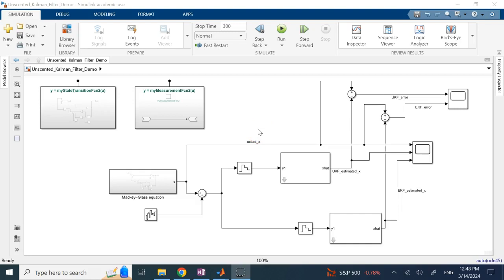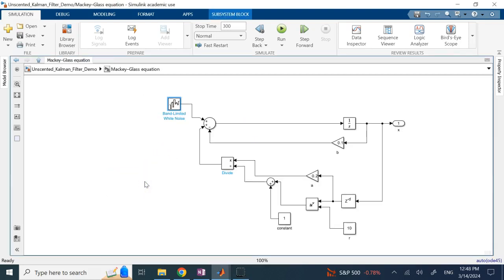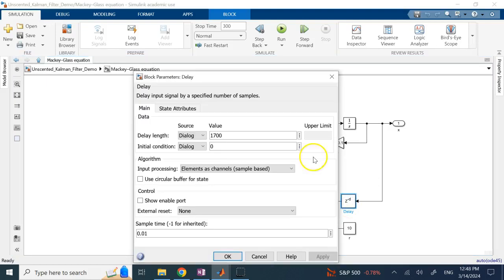Okay, so this is my Simulink. This is the Mackey-Glass equation, you see. Here, this is negative b times x. This is the delayed version of the function, and the amount of delay is 1700. You might say, well, it was 17, yes, but remember, this is the number of time steps, and the sample time for me is 0.01.